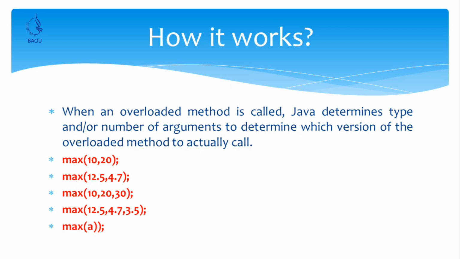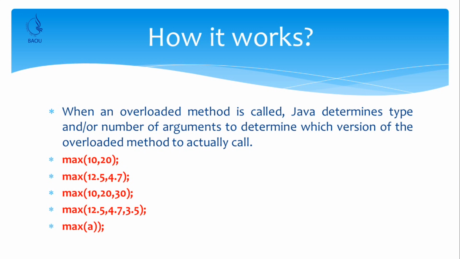But suppose the methods have the same number of parameters, then the compiler will check their types, and depending on the type it executes a particular definition. So, when an overloaded method is called, Java uses the type and/or number of arguments to determine which version of the method to actually call.